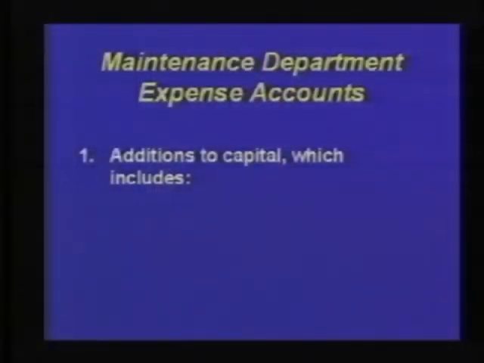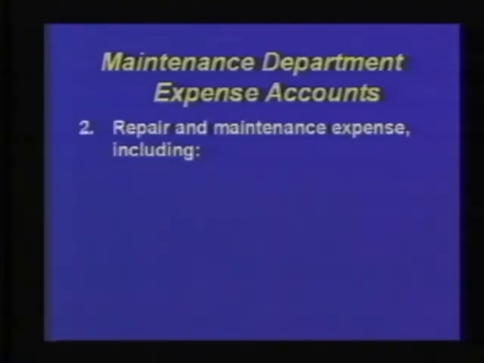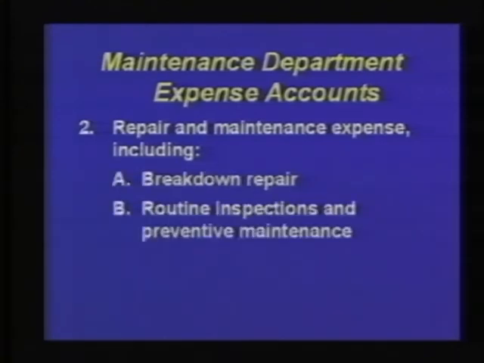Item 1 represents additions to capital, which would include the new equipment, improvements, or replacements of equipment. 2 would be the repair and the maintenance expenses, including breakdown repair, routine inspection, and preventative maintenance costs. And in there, we would also include major and minor overhaul costs.